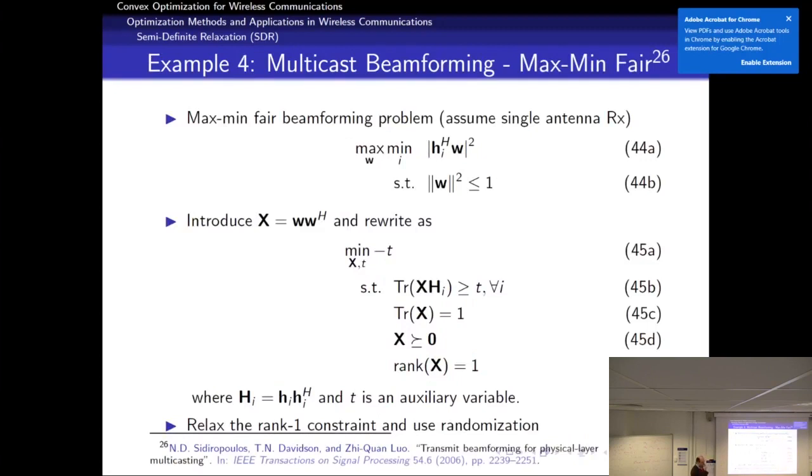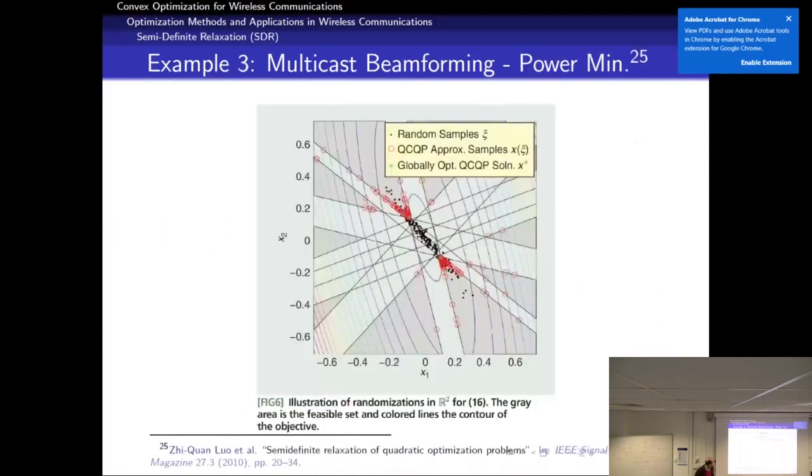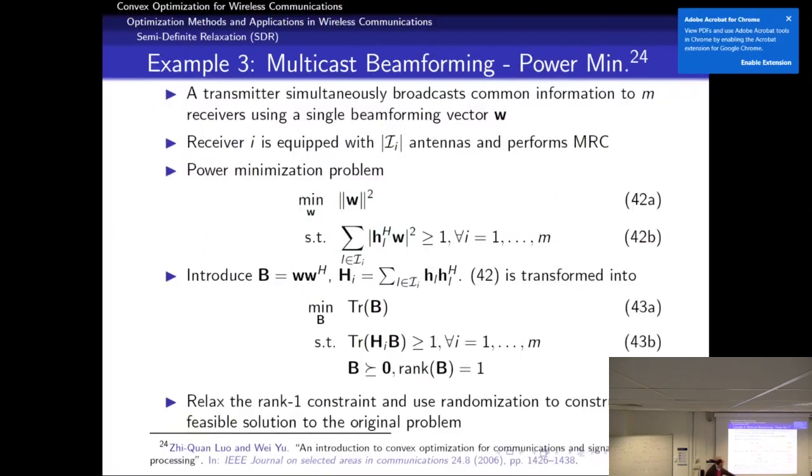Good. So let me show you another example, which is the opposite problem. Namely, I now have a power constraint, but I want to maximize the SNR of all the users. Right? So before, remember here, I wanted to minimize the transmit power subject to an SNR constraint that is larger than something.